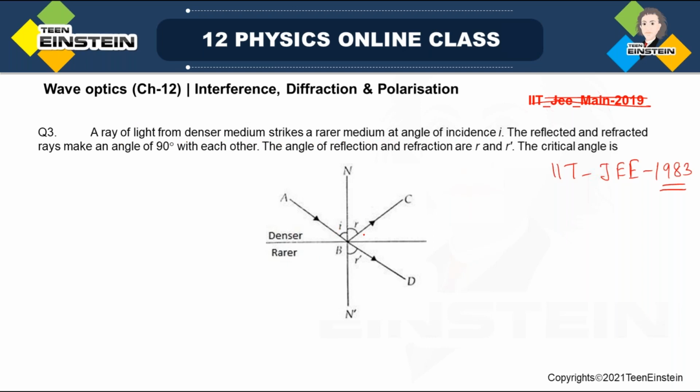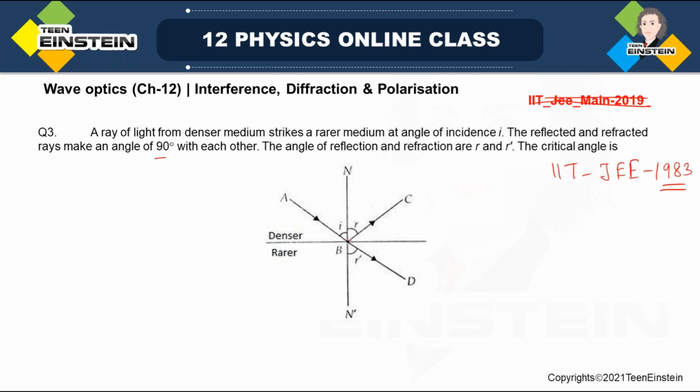See, this is I. The reflected and refracted rays make an angle 90 degree with each other. So this is the reflected ray, and this is the refracted ray. They make an angle 90 degree.